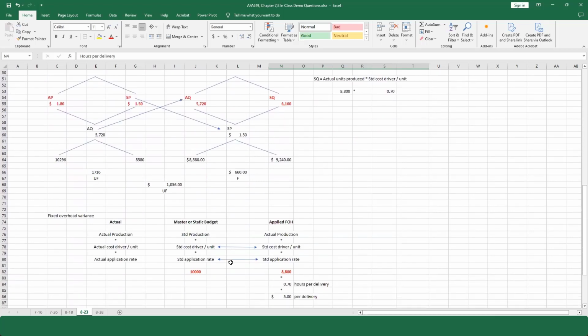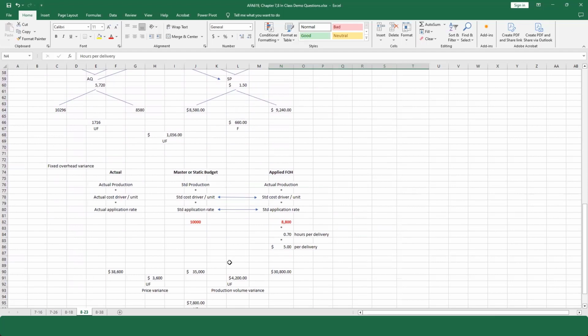When we're looking here at the fixed overhead, it is always long-term. Even when we're looking at the price variance, it's always long-term because the fixed overhead doesn't change with the level of activity. If we want to change this, we need to change our property tax rate. We need to change how much we spend on insurance. We need to change how much our depreciation is.